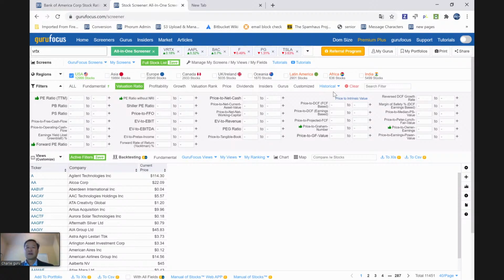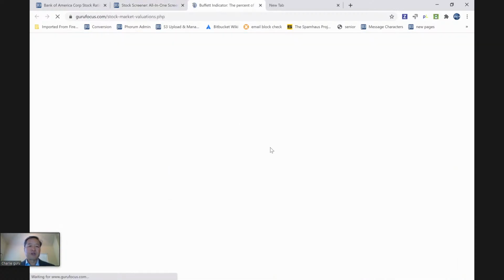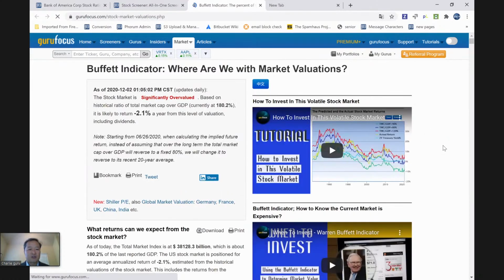Okay, and now I will answer the rest of the questions slightly later, and I will go through the market valuation page here. First, I will talk about the Buffett indicator page, which I think I talked about quite frequently. It is actually a very popular page on GuruFocus.